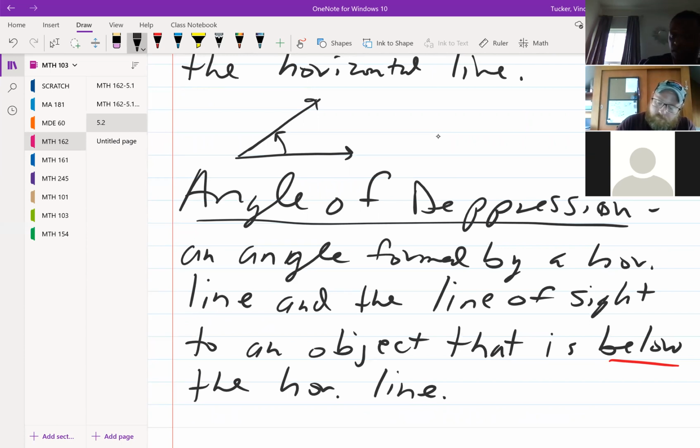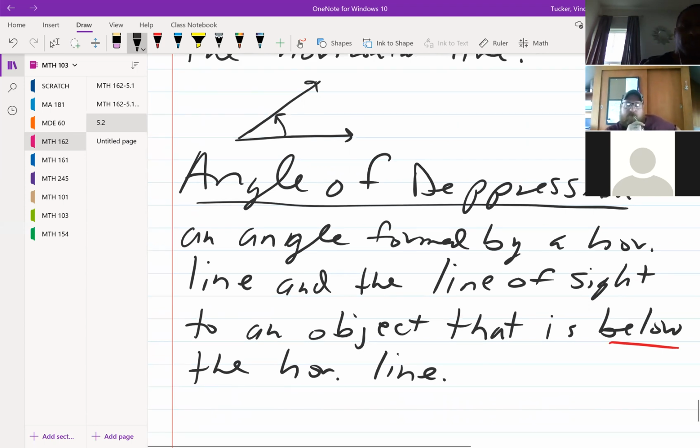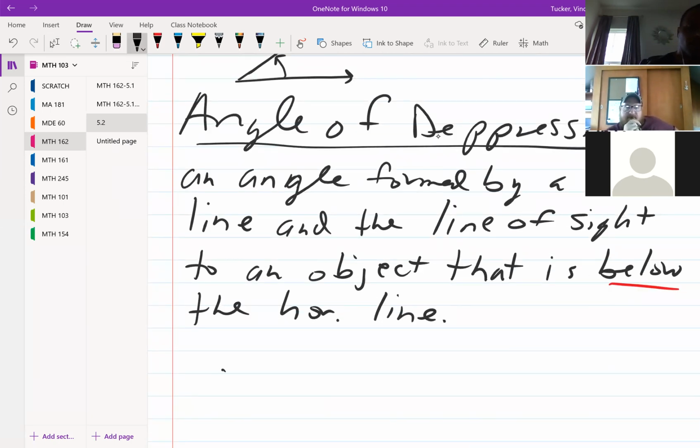It's the same definition, except this is an angle formed by a horizontal line and the line of sight to an object that is below the horizontal line. That is your angle of depression. So that angle direction will go down.